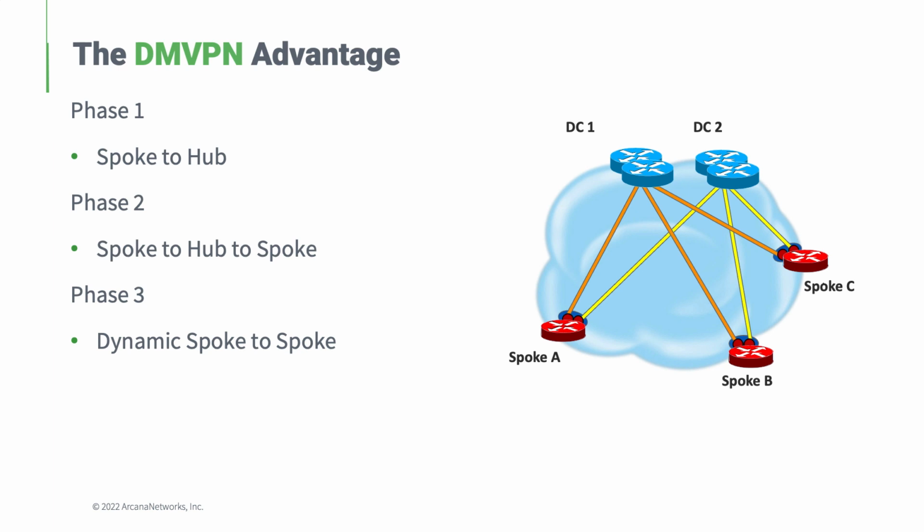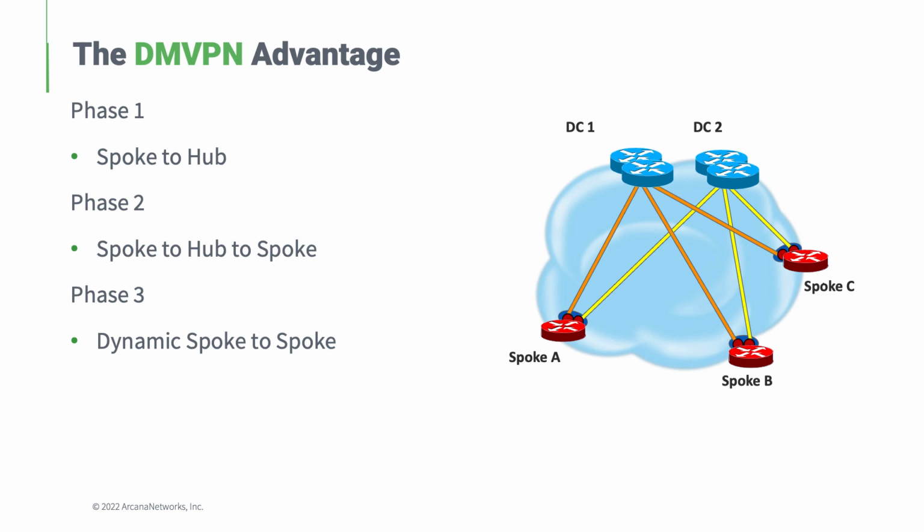Today's big buzzword is SD-WAN, and we're going to go over the differences between DMVPN and SD-WAN, and how DMVPN, when used in a MEVO environment, is basically a software-defined WAN. Let's get started.